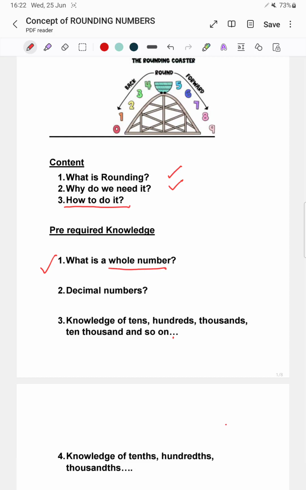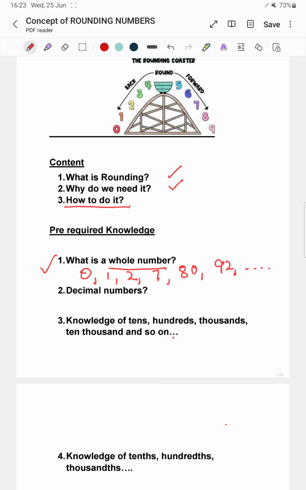Basically, the counting numbers including 0 are called whole numbers. So if I'm writing 0, 1, 2, 7, 80, 92, these all are whole numbers. In other words, we can say whole numbers are the numbers without any decimal part or without any fractions also.